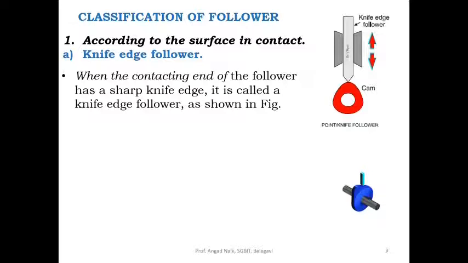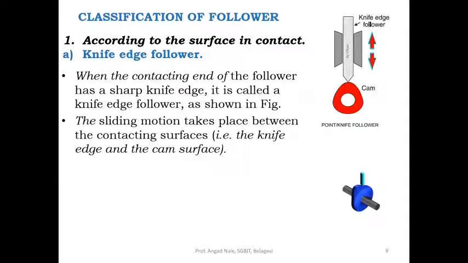The sliding motion takes place between the contacting surface, that is the knife, and the cam surface. You can see in the animation, as the profile of the cam is rotated, the follower makes vertical or reciprocating motion.